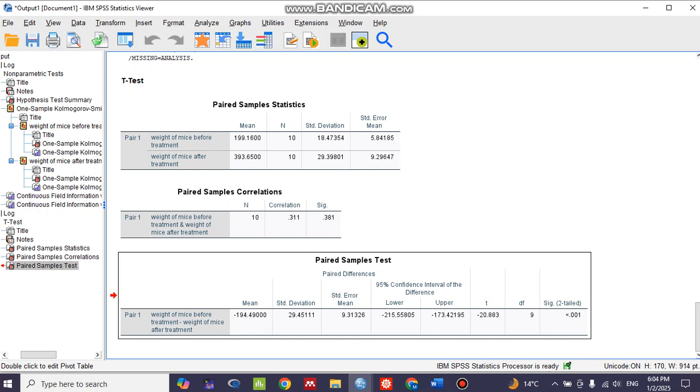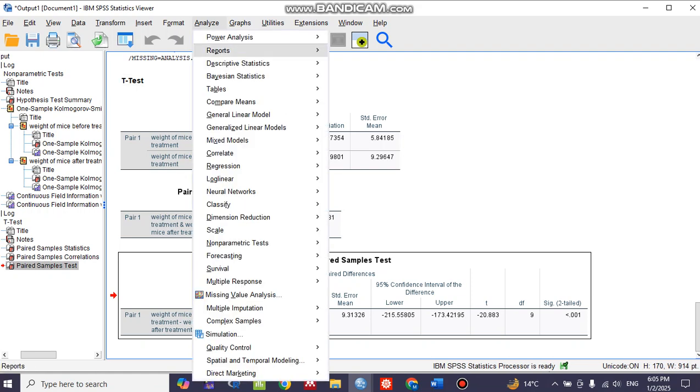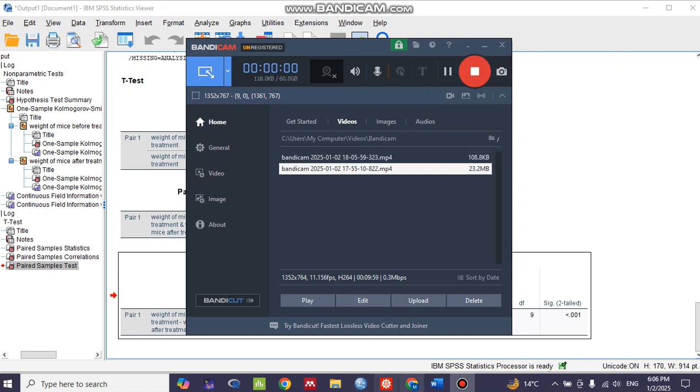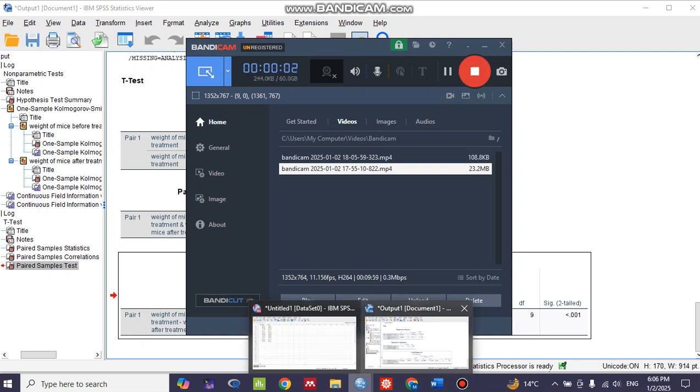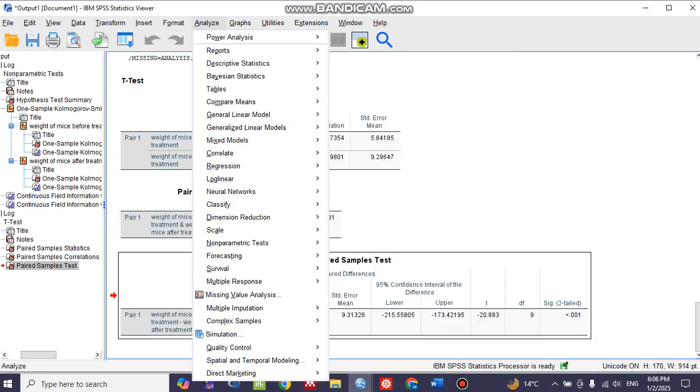In case data is not normal, then we usually don't perform paired sample t-test, rather we perform Wilcoxon sign rank test. So I am going for that as well, just for the purpose of learning. So here we have non-parametric tests, and I was talking about non-parametric matched sample or related sample tests.